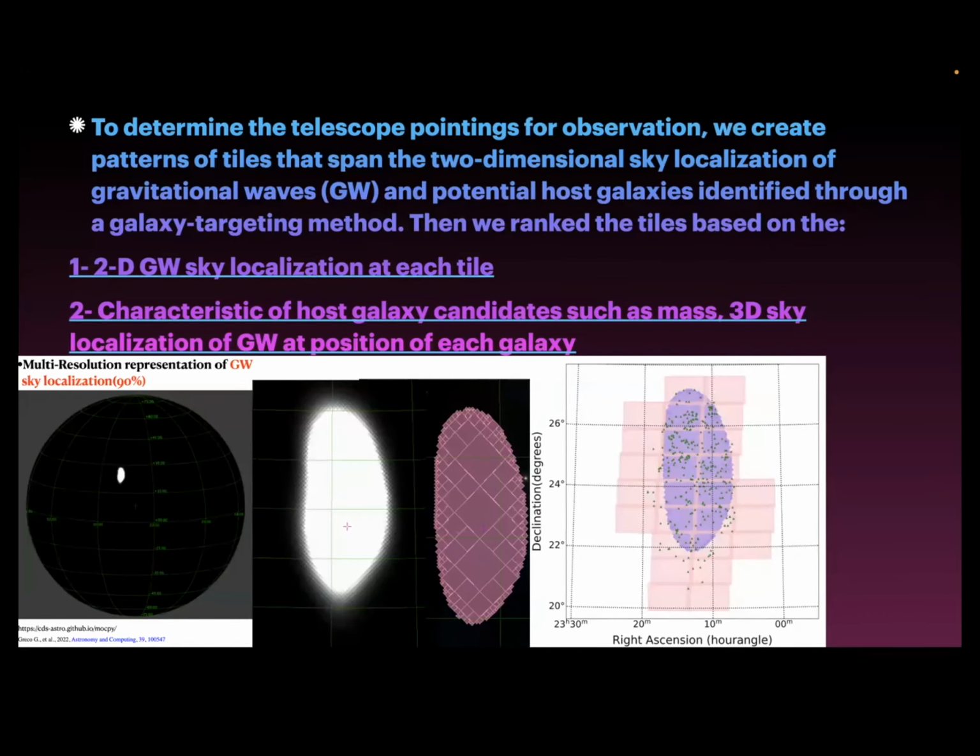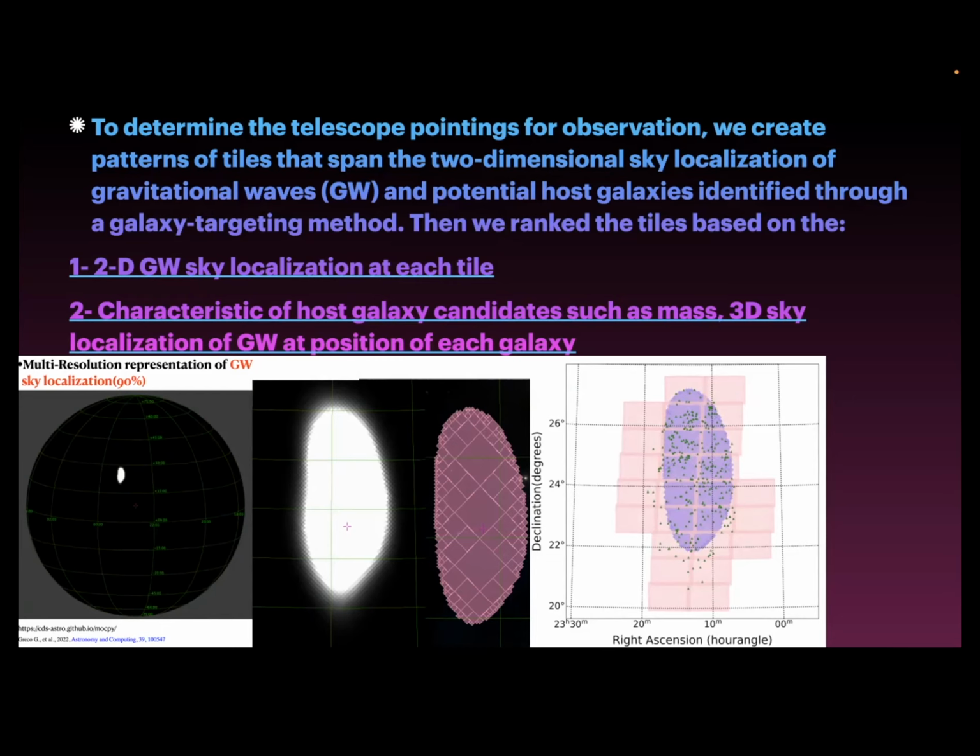In our project, for example, you consider this is the sky localization of the gravitational wave event, we consider 90% of the sky localization, and we generate the tiles. We generate tiles that cover the region of the 90% of the 2D sky localization, and also cover the host galaxy candidates that are determined based on the galaxy cross matching within the volume.